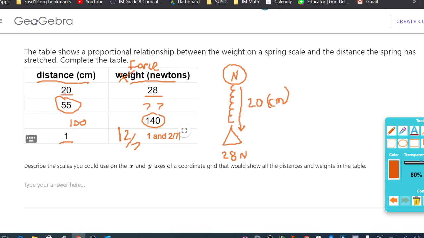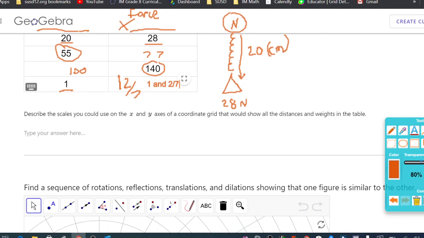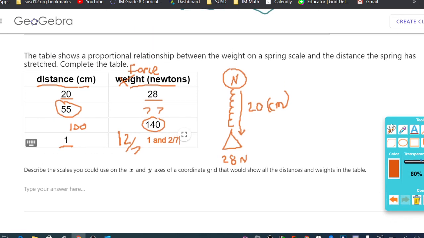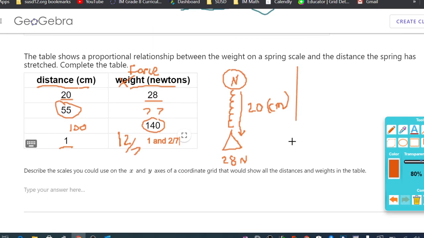Okay, the next question says, describe the scales you could use on the x and y axis of a coordinate grid that would show all the distances and weights in the table. Okay, I showed you how I made my scale, but what would you do?